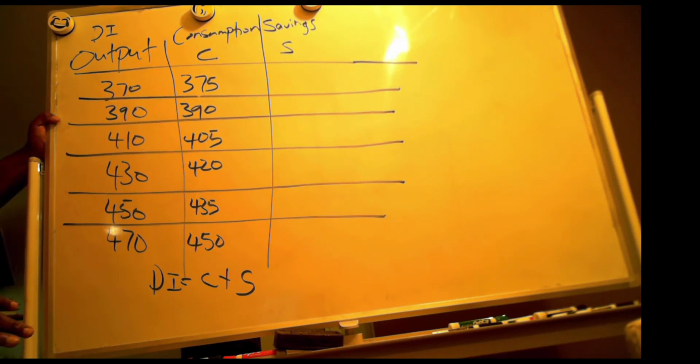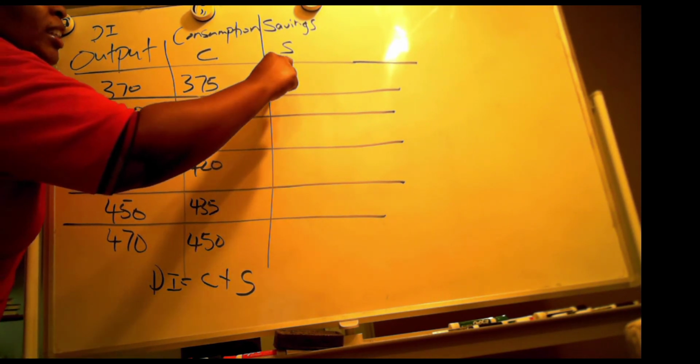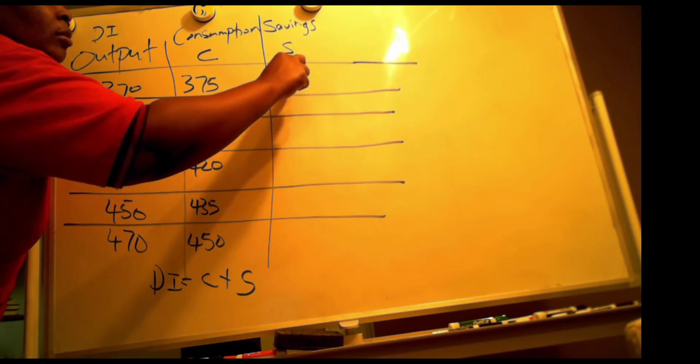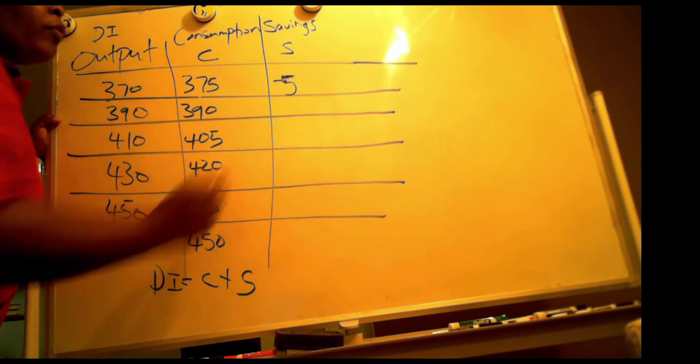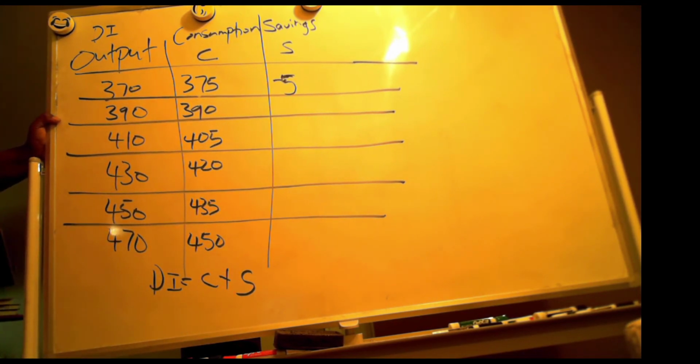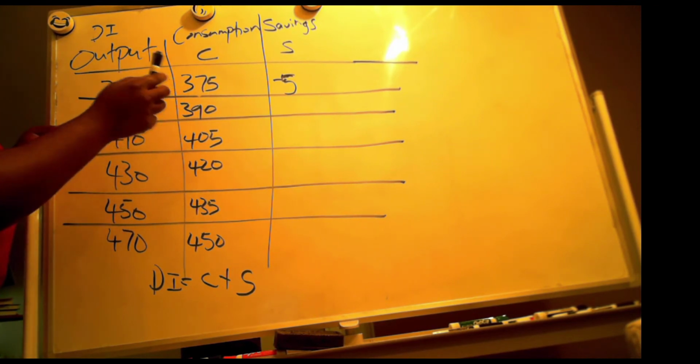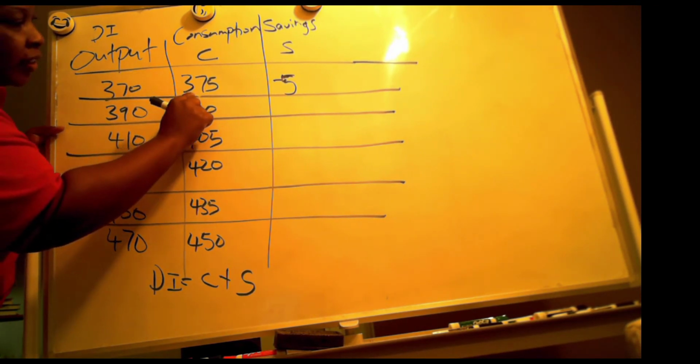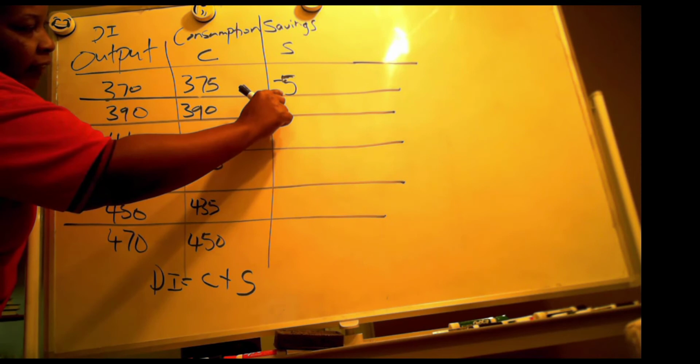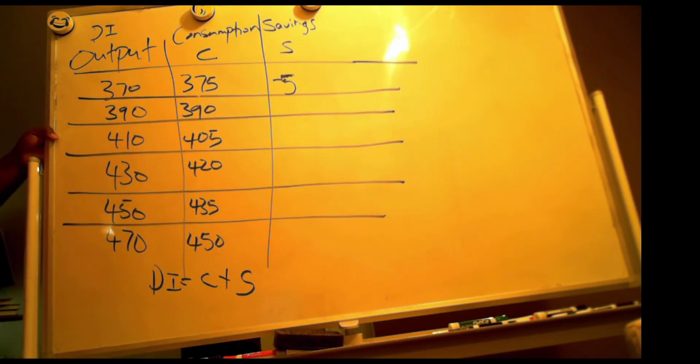You're borrowing, or what's called dis-savings. The point is, this would be -5. It's like asking your friend for $5 so you could buy an expensive shirt that you can't afford. One other way to look at it is 375 plus a -5 would be 370.